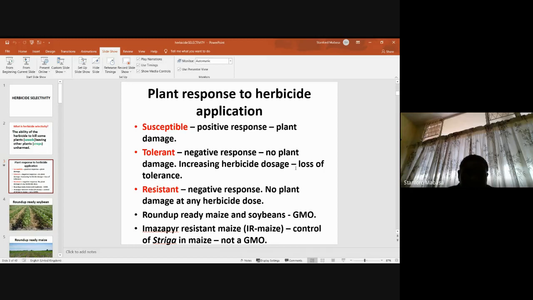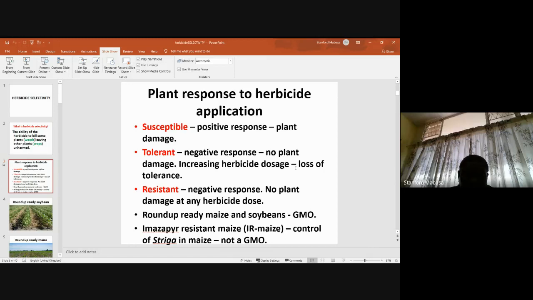We know Roundup, or glyphosate, is non-selective. It can kill everything. So if we make maize and soybean resistant to glyphosate, we can kill most of the weeds.